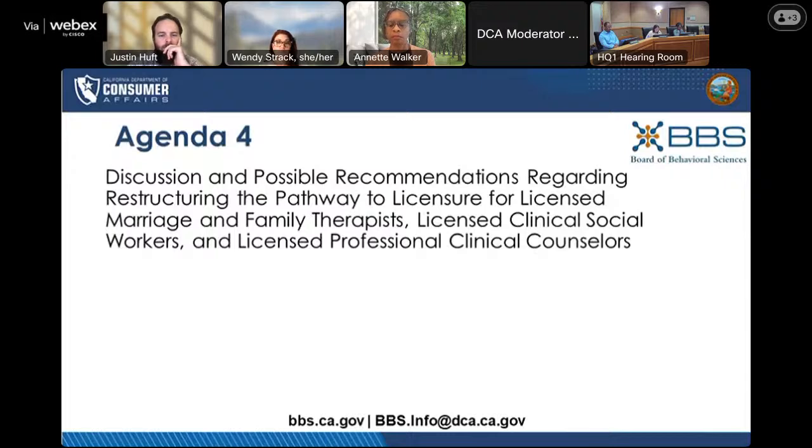There's a lot of different variations of ways that that can be done. Some states allow it to be taken right out of school upon graduation. We don't think that ASWB is going to allow their exam to be taken that early. They seemed amenable to a proposal where some of the hours had been completed. There's kind of two schools of thought.